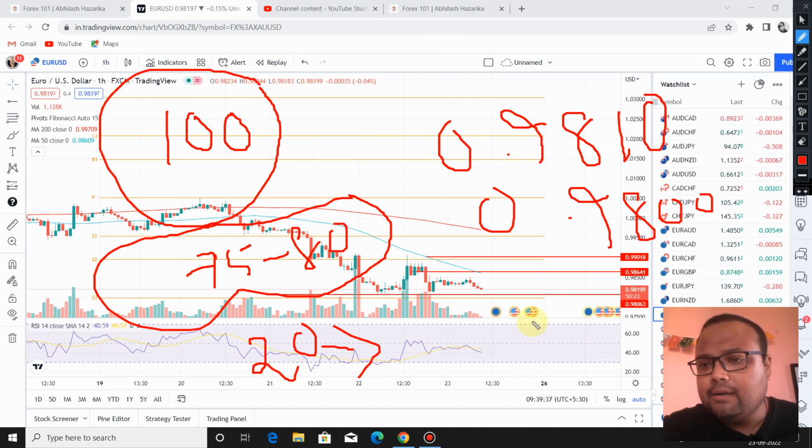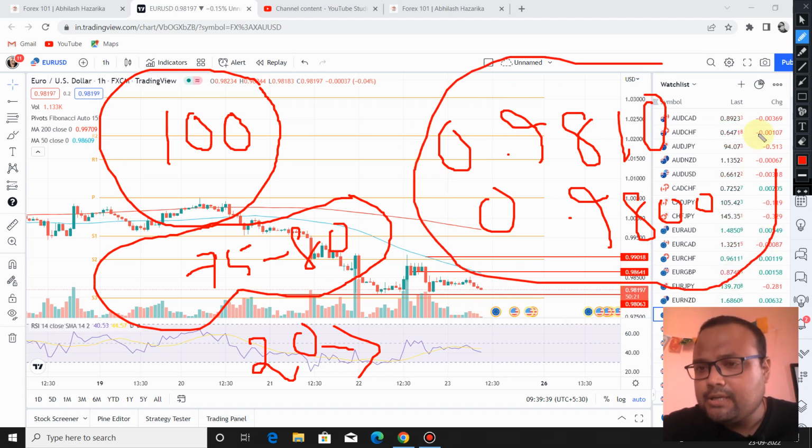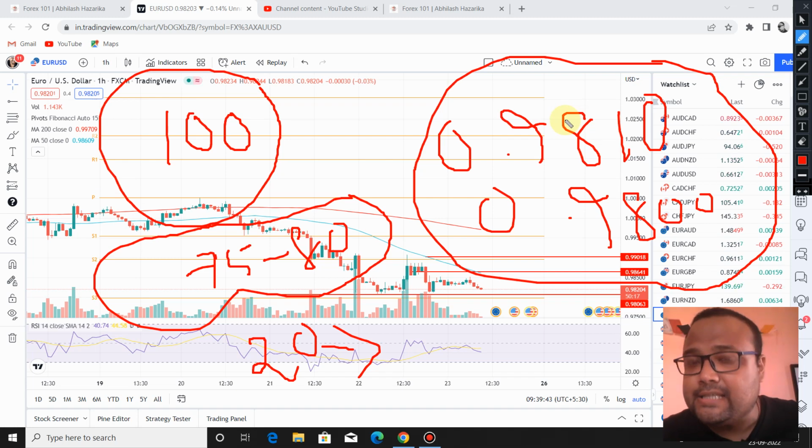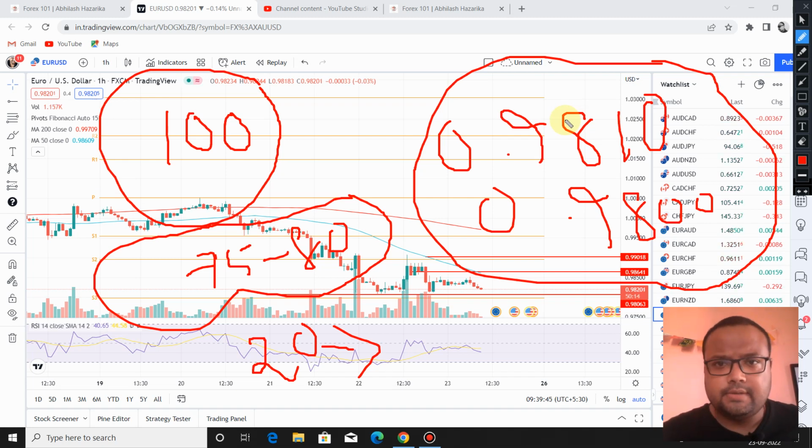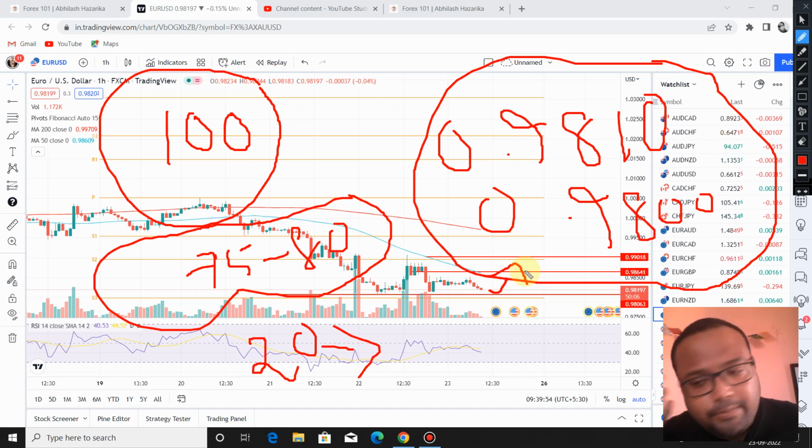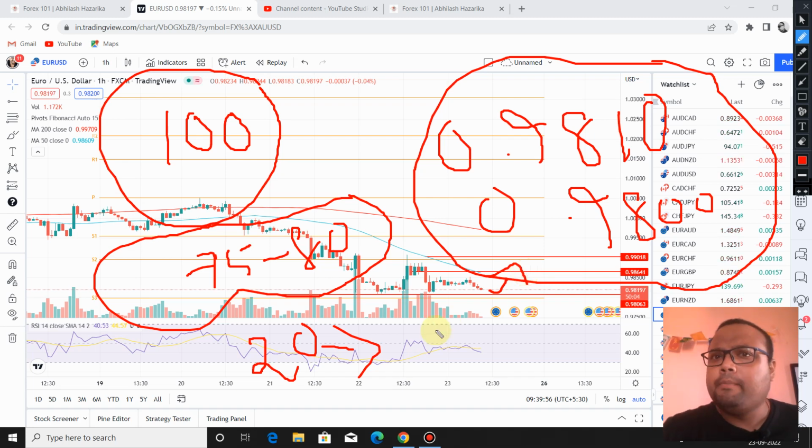So if market comes down to this yesterday's low of 0.9810, 0.9800, observe the market first. If you see or if you find market trying to take support and bouncing, listen to me carefully. If you see market trying to take support and bouncing, you can go for a small buy position as well.